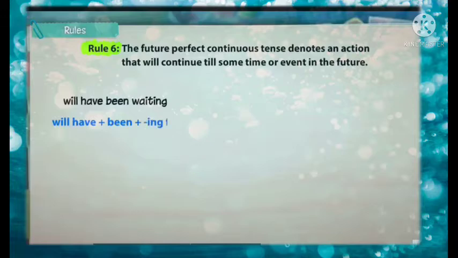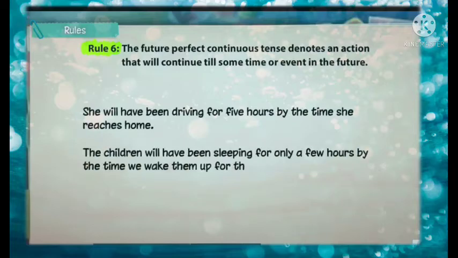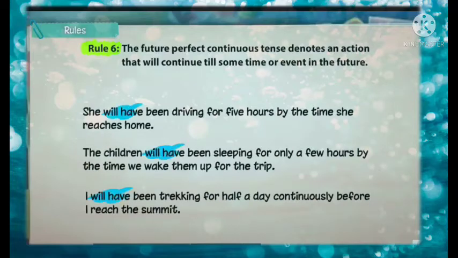Notice the structure of the future perfect continuous tense, where will have been is combined with the ing form of the main verb. Here are some more examples of the future perfect continuous tense.